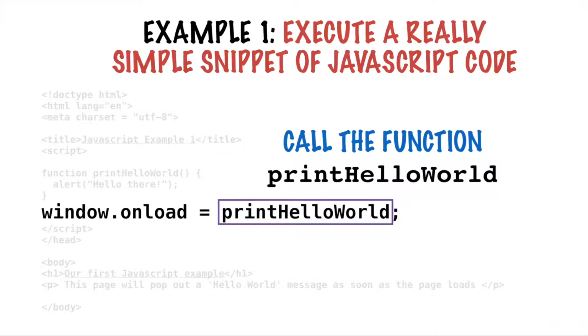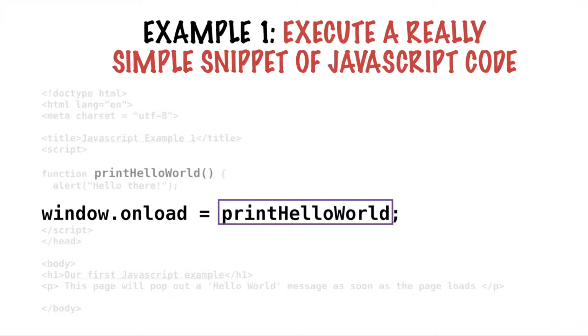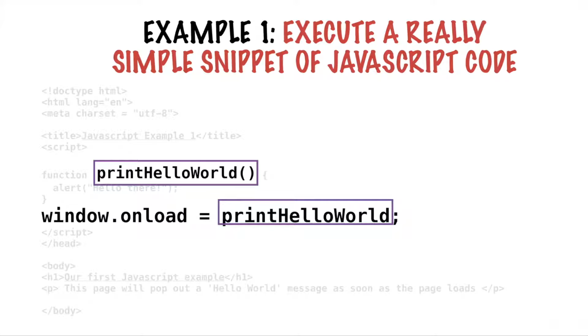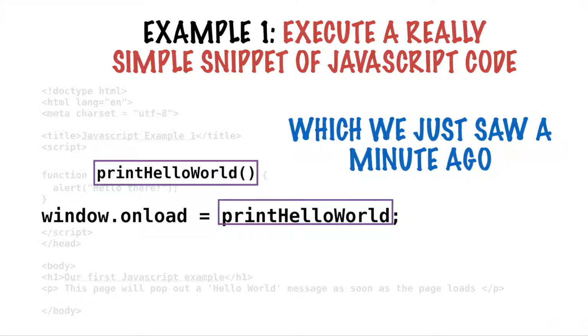This is what you're telling the browser with this statement. The printHelloWorld that this is referring to is the one that we just defined about a minute ago. You can see it highlighted here on screen. This is what will be called after the page finishes loading.